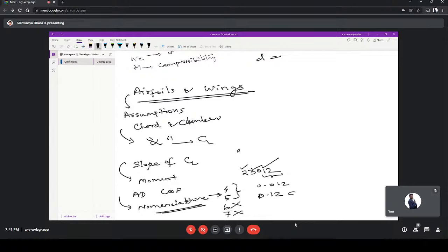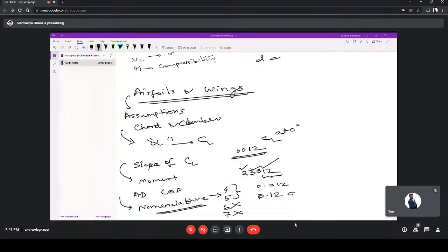You may also expect something like 0012. What will be the CL at zero angle of attack? So let's see how many of you can answer. This is a simple question. I have given you one airfoil, 0012, and at zero angle of attack, what will be the CL?